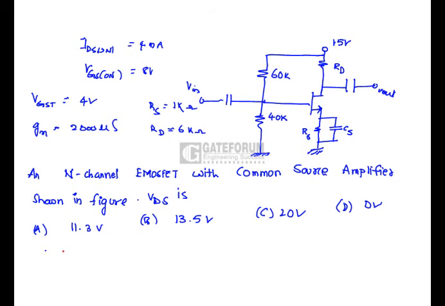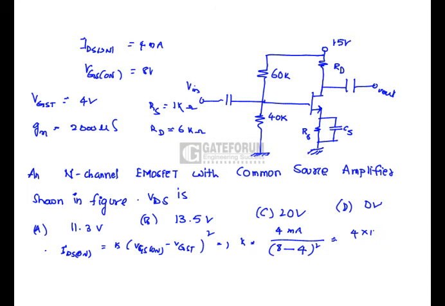So IDS on is K times (VGS on minus VGST) square, from which we get K as 4 milliamps divided by (8 minus 4) whole square, that is 4 into 10 power minus 3 divided by 16, that is 0.25 milliamps per volt square.